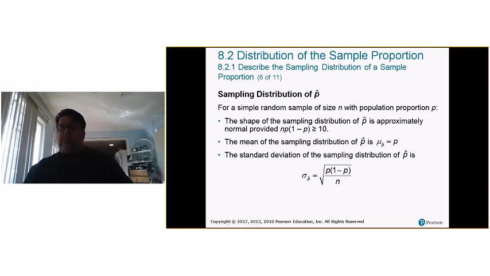So you've got to remember that npq is greater than or equal to 10, and that the standard deviation of p hat is the square root of pq over n, and that's what 8.2 is.